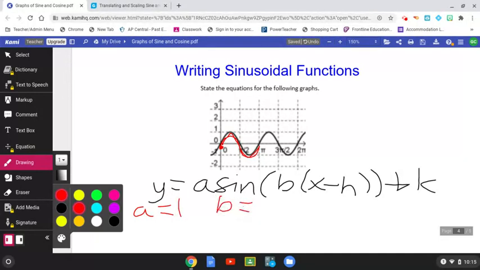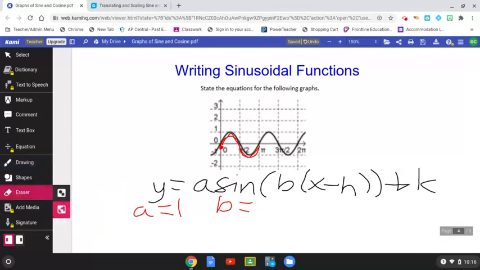Okay, to find B, remember, is going to change the period. So I'm noticing that this graph goes from 0 to pi, okay? Now remember, our rule to find the period, actually, let me erase this for just a minute.